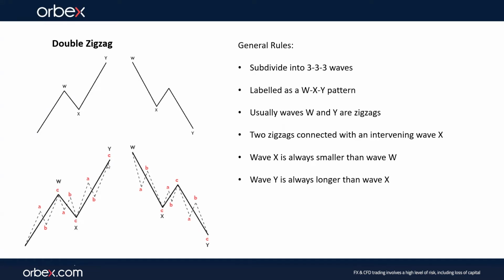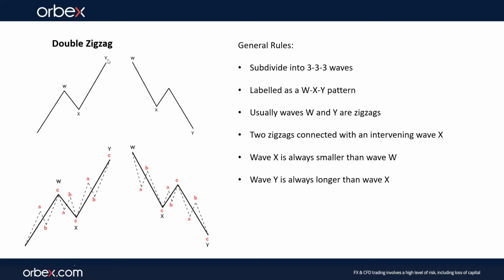So that's just another look at how a double zigzag is connected. Wave X is always smaller than wave W. And wave Y is always longer than wave X. So let's just go back to this. So wave X, it will always be smaller than this first initial wave. It can never really go beyond the wave W, never go into that territory here.